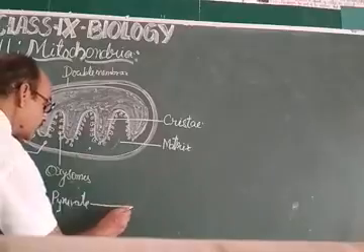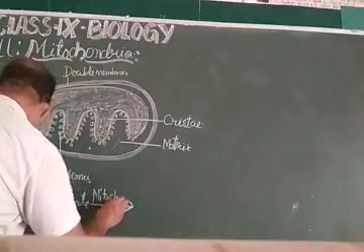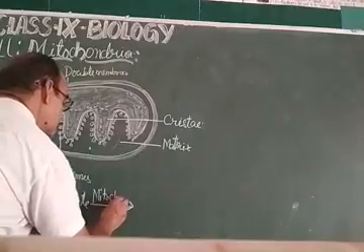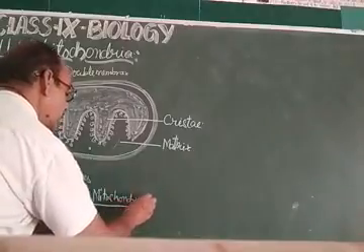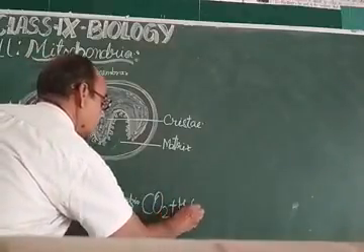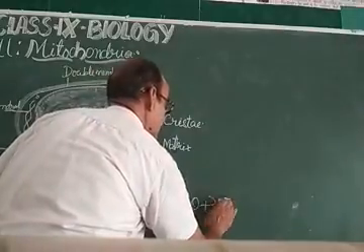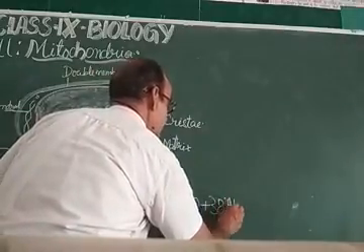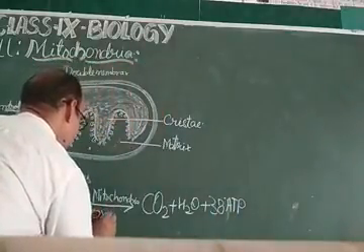Then this pyruvate goes into the mitochondria, and the mitochondria facilitate the formation of CO2 plus H2O plus 38 ATP of energy, and this process is called oxidation.